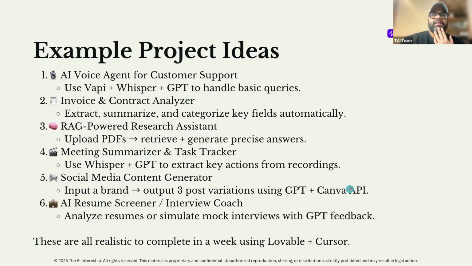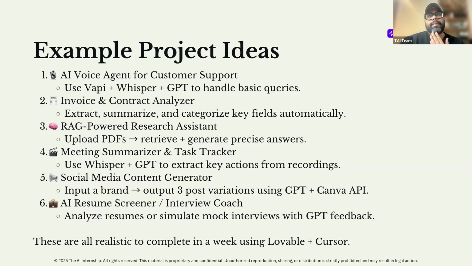A few more ideas expanding on the ideas we discussed earlier. If you're building a voice agent for customer support, you can use VAPI, Whisper, and GPT to build something. Then you can have an invoice and contract analyzer. You can use Gemini APIs for this to extract information. A RAG-powered research assistant, you can use N8N for this.